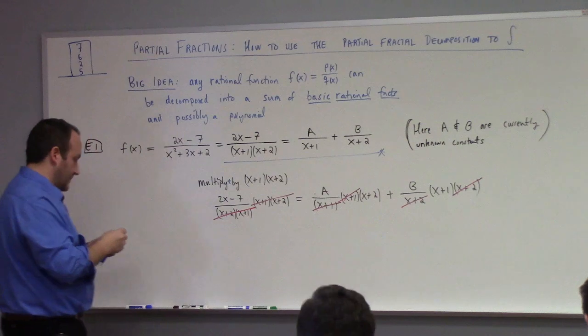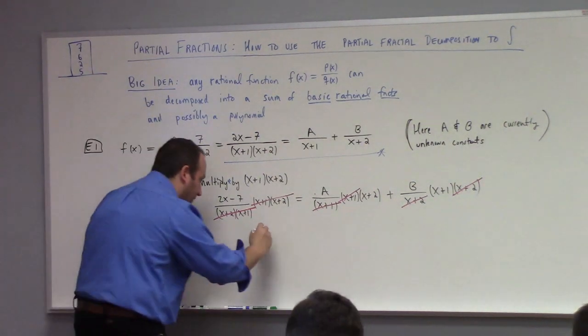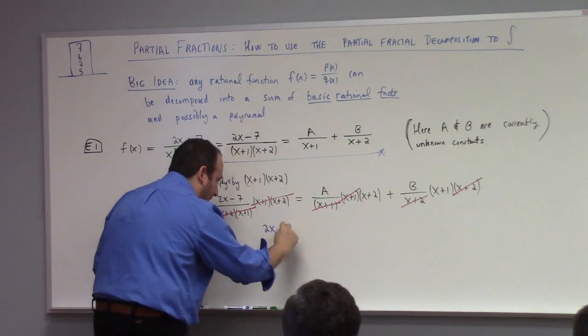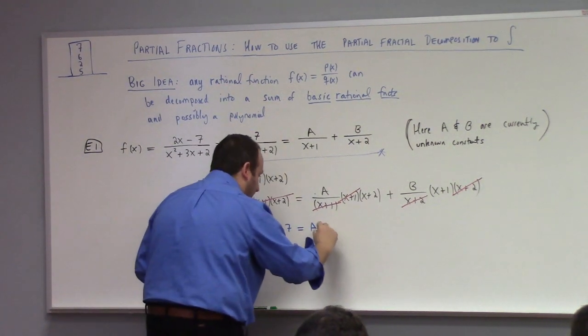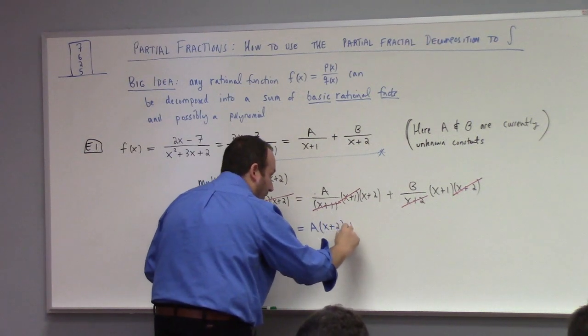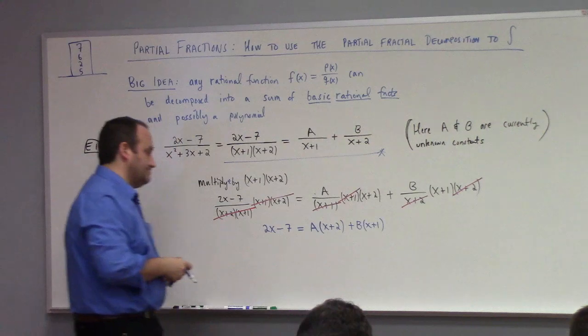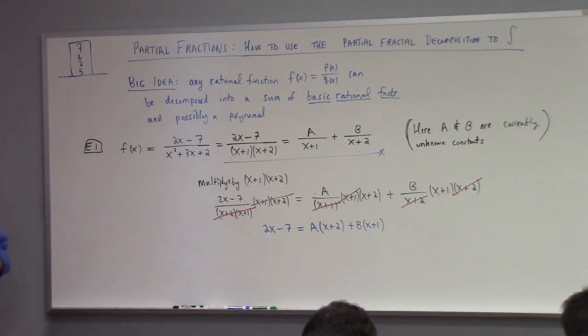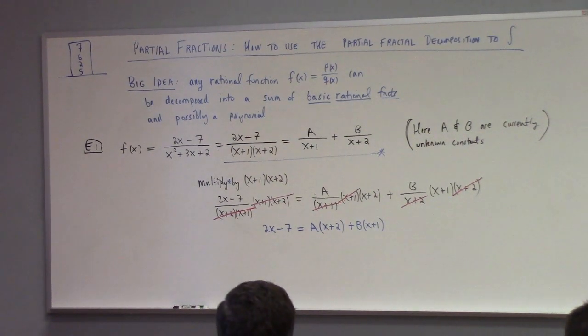What does that leave us with? 2x minus 7 equals A times x plus 2 plus B times x plus 1.